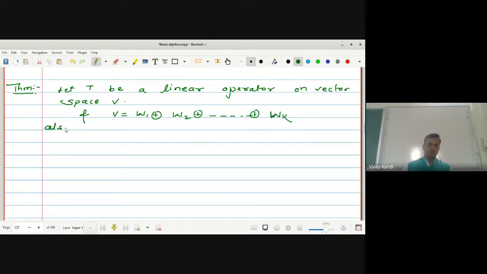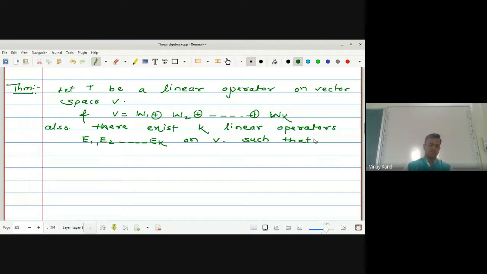And also there exist k linear operators E1, E2, and up to so on Ek on V such that, first condition, each Ei is a projection on V. Second, Ei into Ej is equal to 0 whenever i is not equal to j.